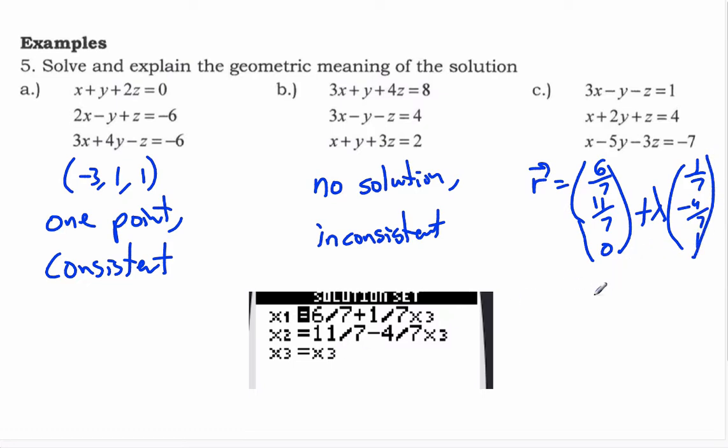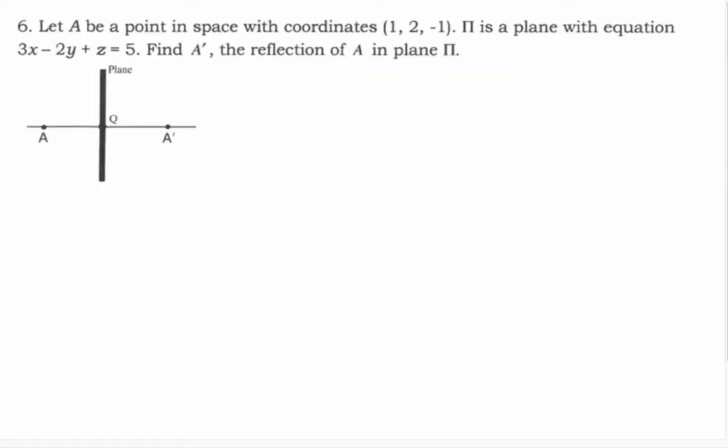Okay, so we have a line intersection, and we also call this consistent because there is a solution.